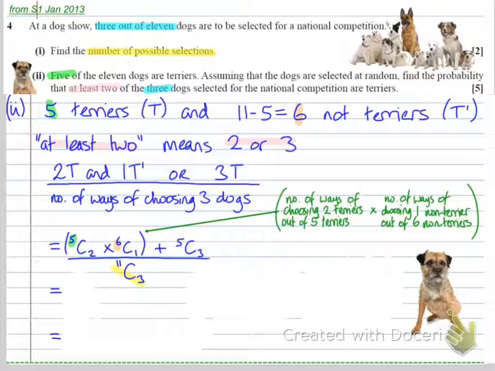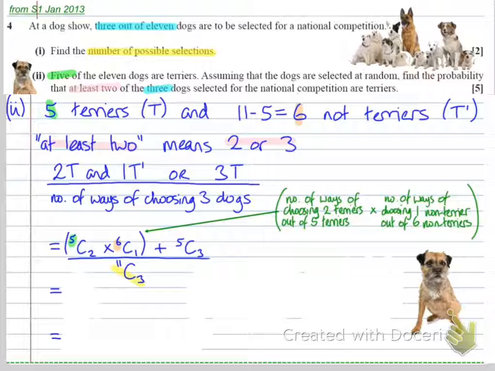So for the first option, we've got the 2 terriers and 1 not terrier. When we see the "and", we're going to use a multiply in the formula, but then we have "or", and the "or" is where we're going to add up our probabilities.